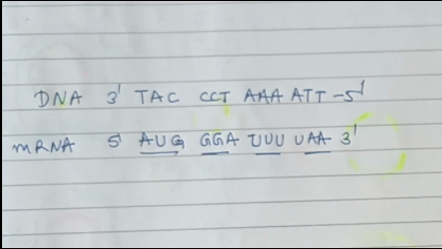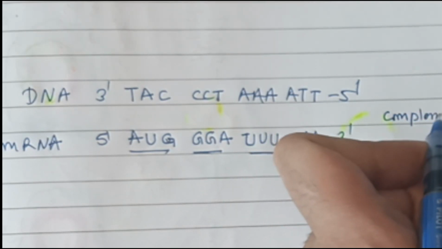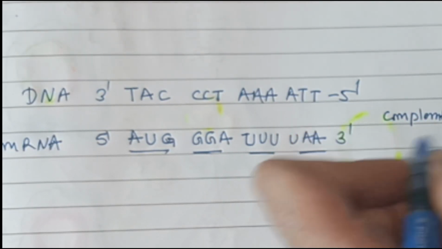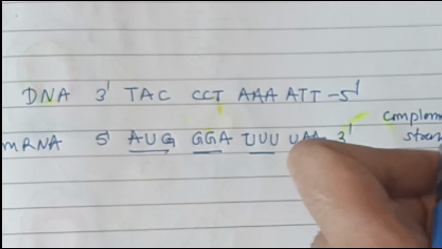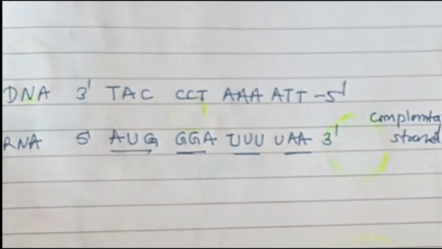So let's learn the steps to write it. We have taken a DNA strand from 3' to 5': TAC, CT, AAA, ATT. This is what we are going to transcribe to mRNA. Now let's make the complementary strand from 5' to 3'.